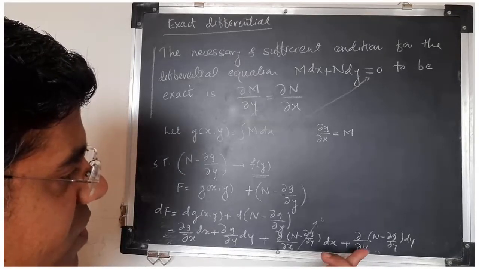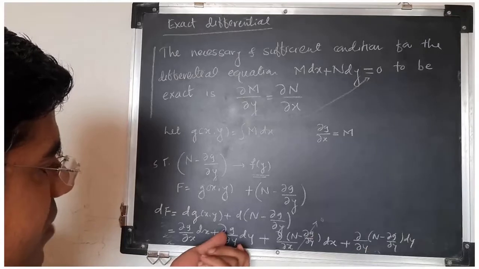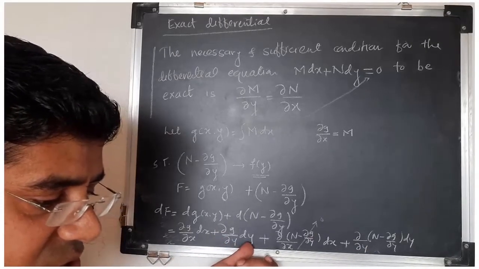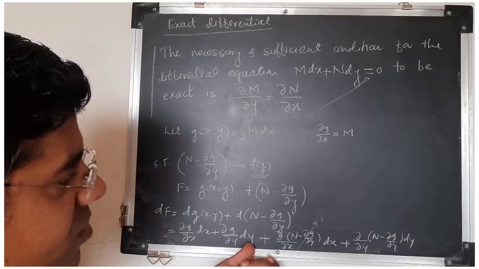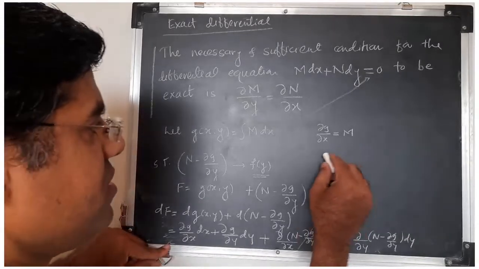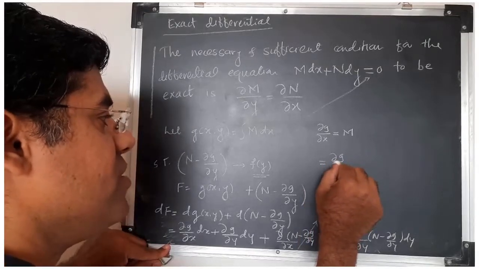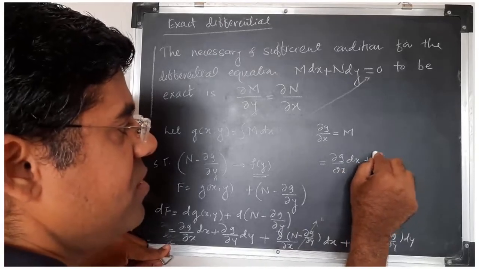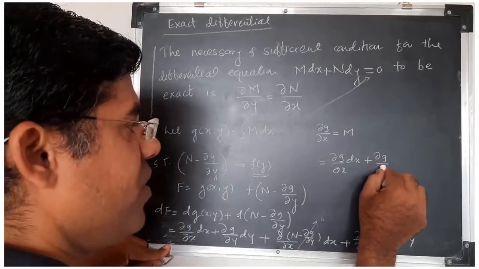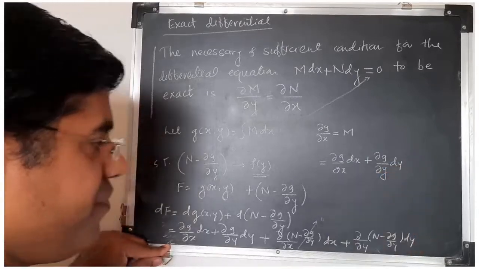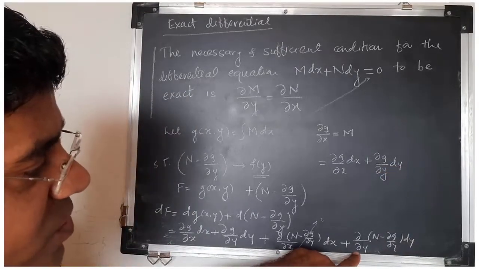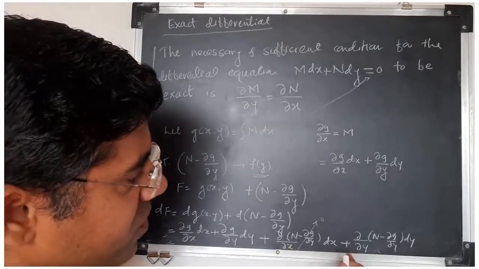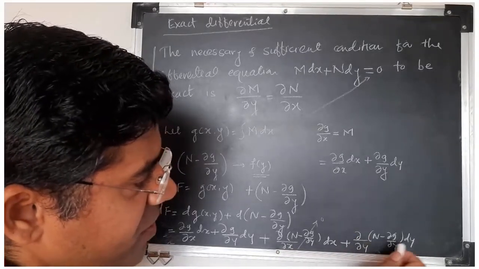Now if you are doing this ∂g/∂ part, what is this? In the further step, ∂g/∂x into dx plus ∂g/∂y into dy, and we do this particular case. That is nothing but ∂/∂y into dy.